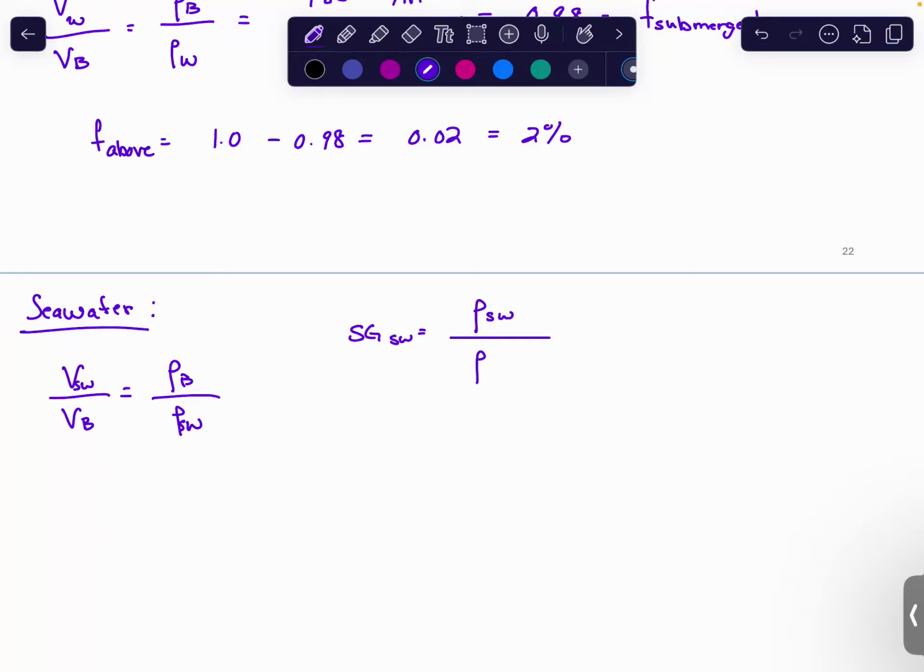Yeah, specific gravity is everything compared to normal water. So that's going to be, now we have the density of the seawater.